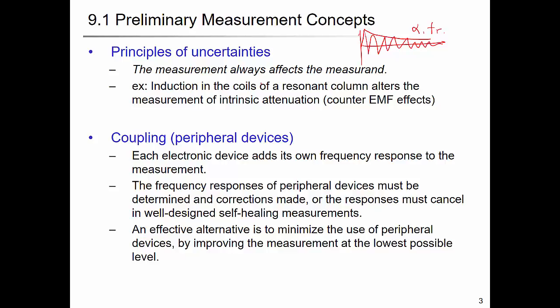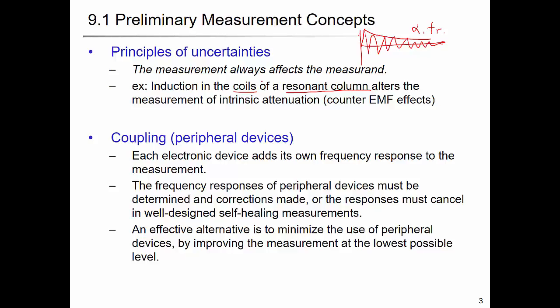When we do that in the resonant column test, because of the inductive force that's called a counter EMF, that affects the vibration. Because you have a magnet and coil, when the magnet oscillates, the coil will generate a counter force against the movement. So this is one example of the measurement bias in the RCTS.